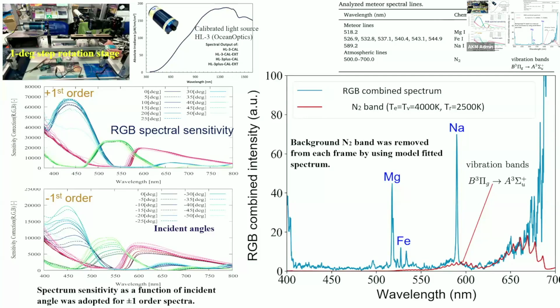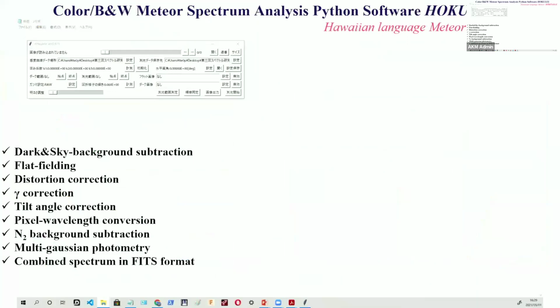Using this set of RGB spectral sensitivities, we do the sensitivity calibration. Moreover, for the Geminids, we have a background component caused by molecular nitrogen from the atmosphere. So we have another model to fit the background using the electron vibration and rotational temperature to fit each spectrum and subtract it, especially for the sodium region, which has a small component of nitrogen plasma. So we take care of these calibrations.